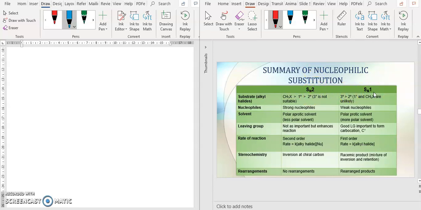If the alkyl halide is secondary or tertiary, it may be SN1 or also SN2 if it is secondary. But for tertiary, it is definitely SN1.